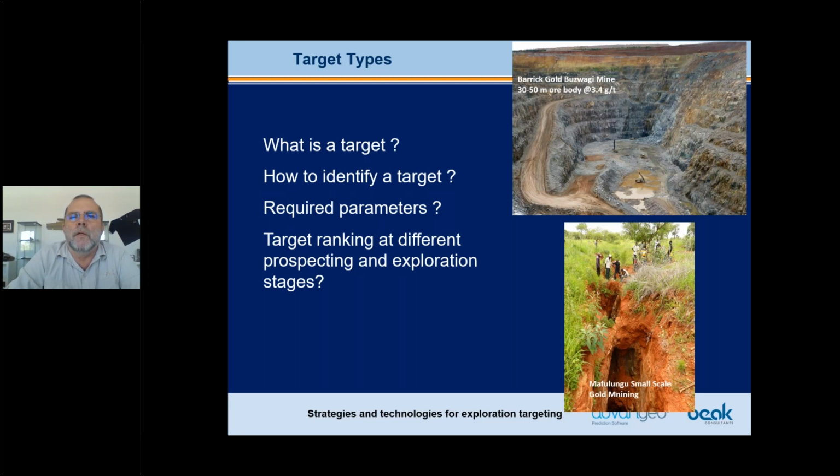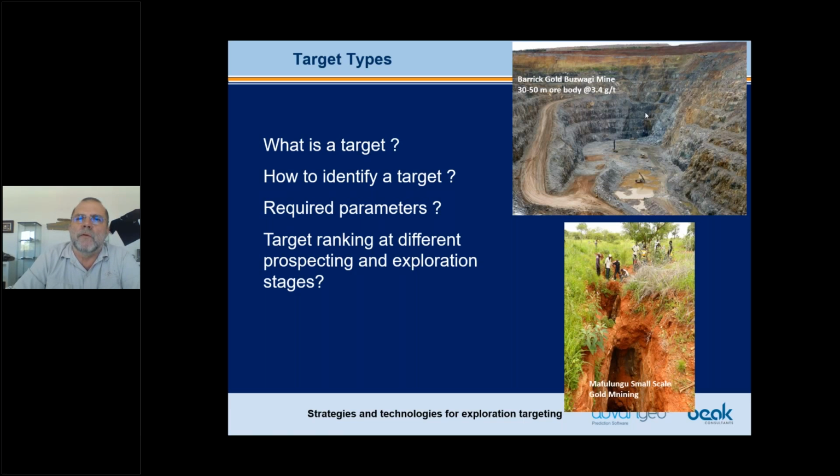In Tanzania, at the top photograph, we can see a huge Buswagi gold mine owned by Freiberg. The ore body here has a thickness of around 30 to 50 meters with an average grade of 3.4 grams per ton.